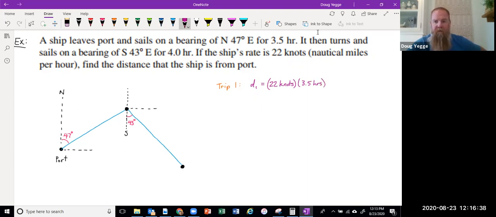And that gives us a total of 77 miles. So now I can go back over here and fill in that this distance is 77 miles.